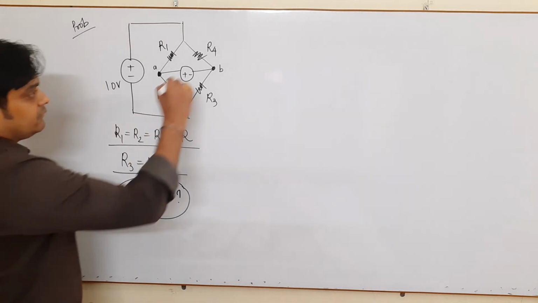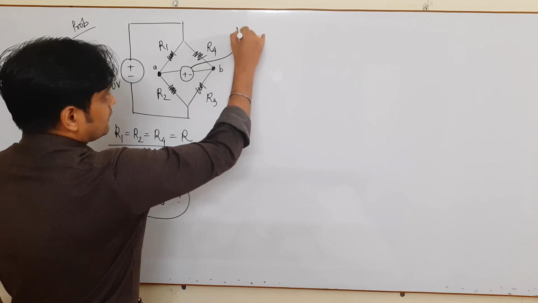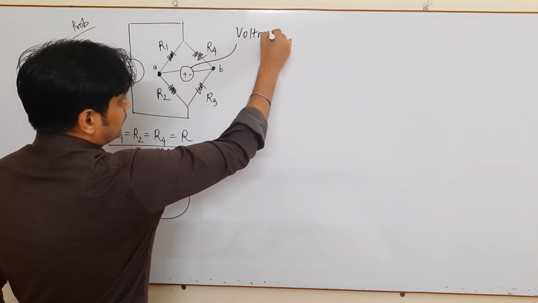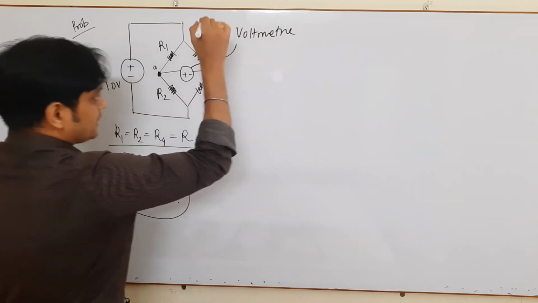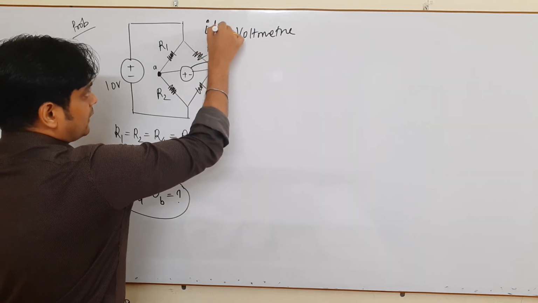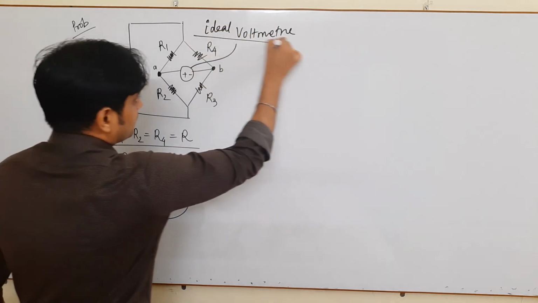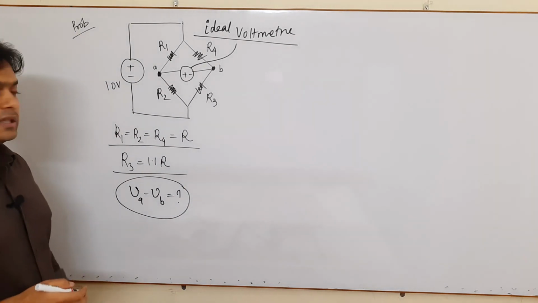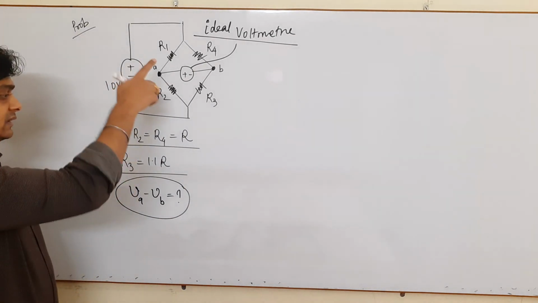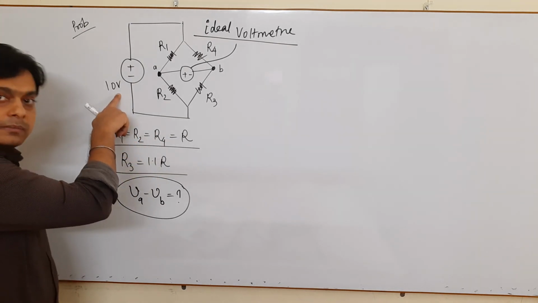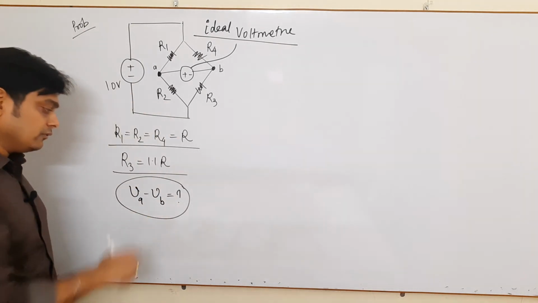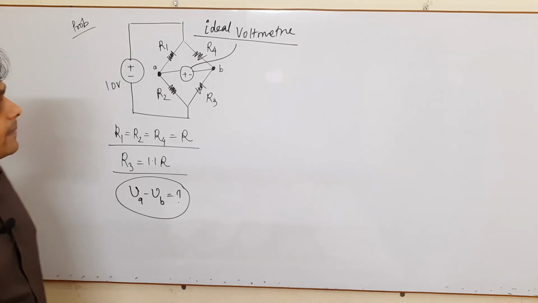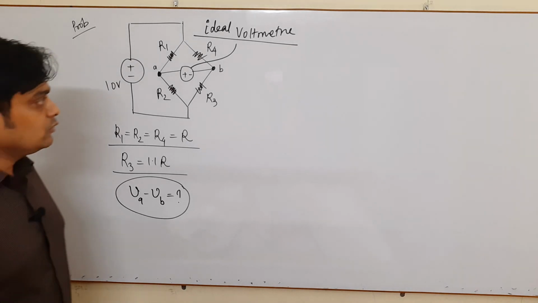Now the condition was given that this is a voltmeter, and what type of voltmeter is it? It is an ideal voltmeter, connected between the two nodes A and B. With these conditions, excited by a 10 volt source, you have to find VA minus VB. This question was asked in GATE with 2 marks.